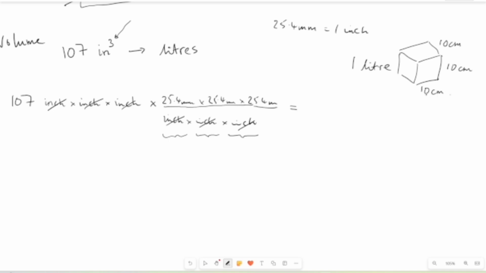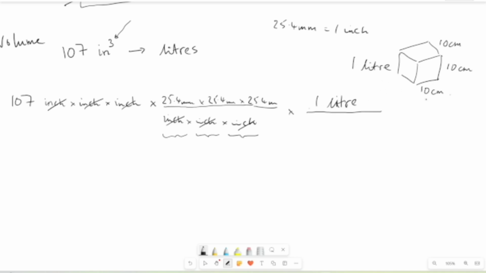So I can even go direct from there. So on the top, I want, oops, I don't want to equal there. I want a times, and then I've got 1 litre on the top, and I'm going to have to cancel something with millimetres here.